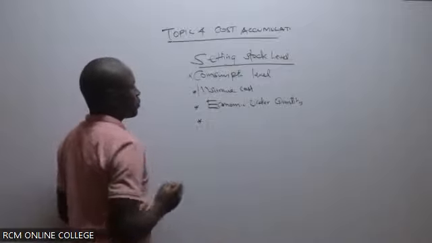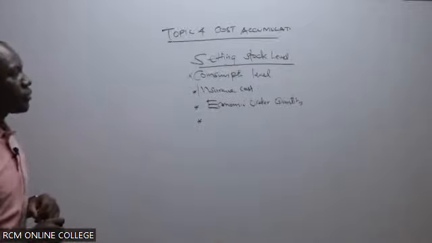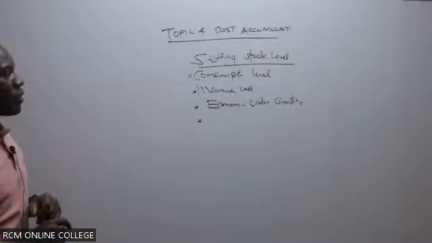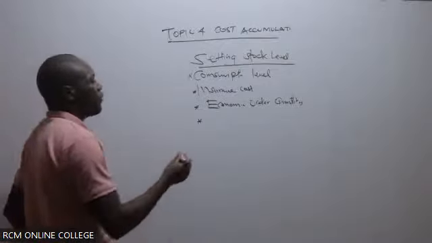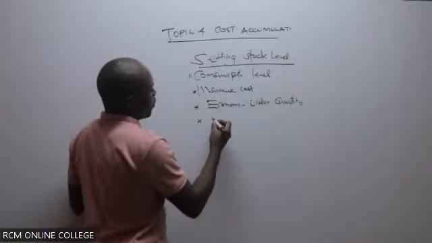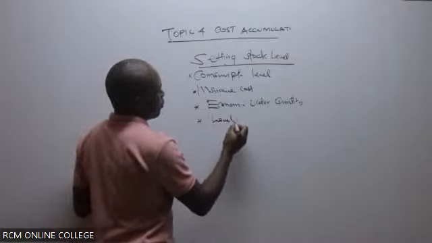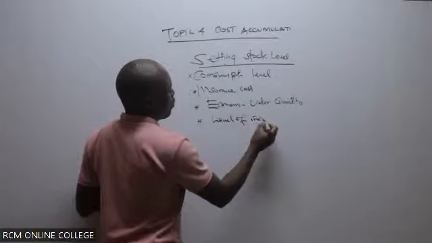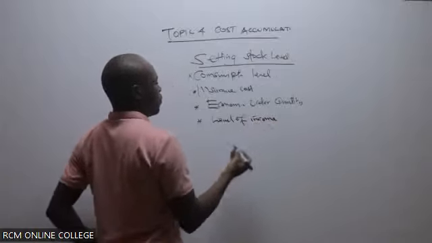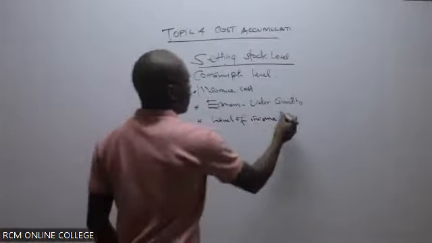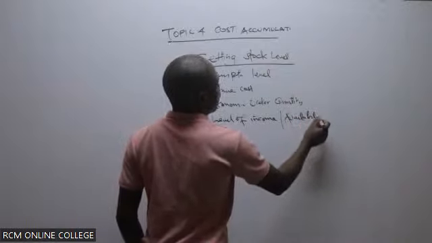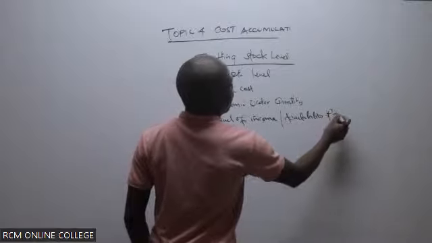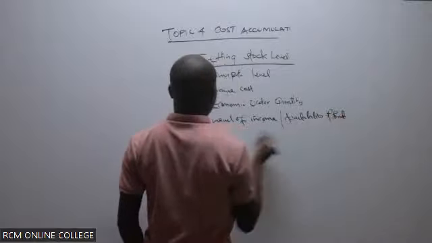Then after that, availability of funds or level of income, or we can even call it availability of funds.